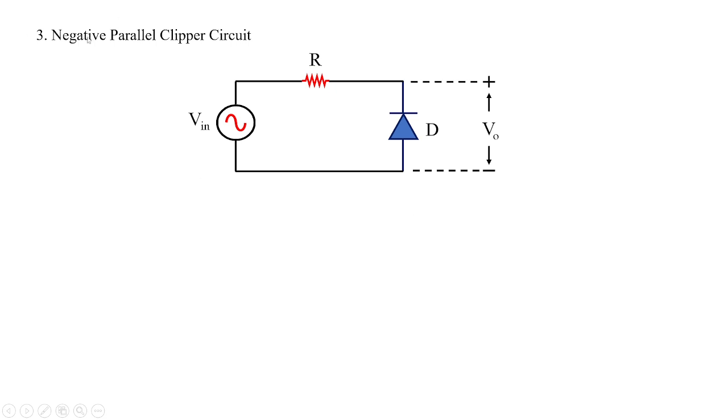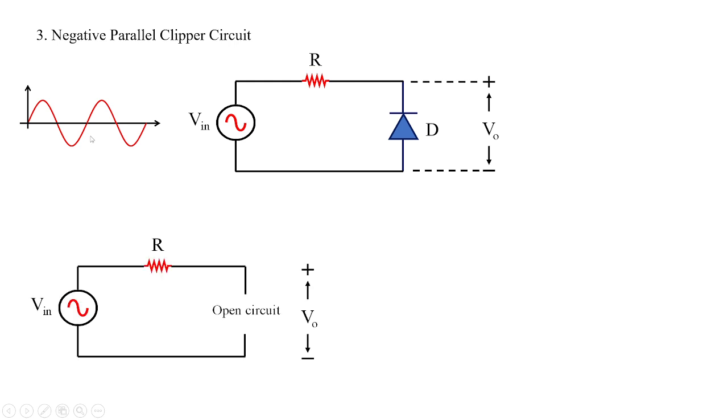What happens when we go with the negative parallel clipper circuit? Here the diode position is in this fashion, and the output is across the diode only. When the positive supply is given, the diode receives the positive signal in its opposite direction, so it is an open circuit, and there is no output across the diode.